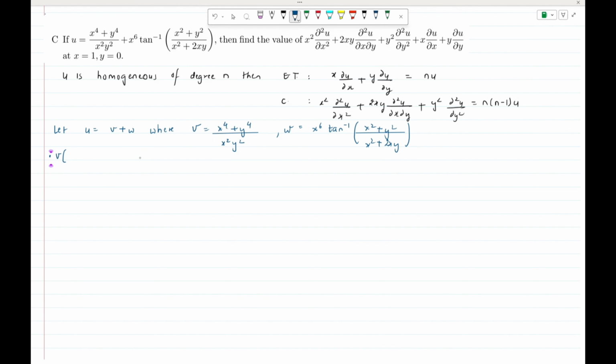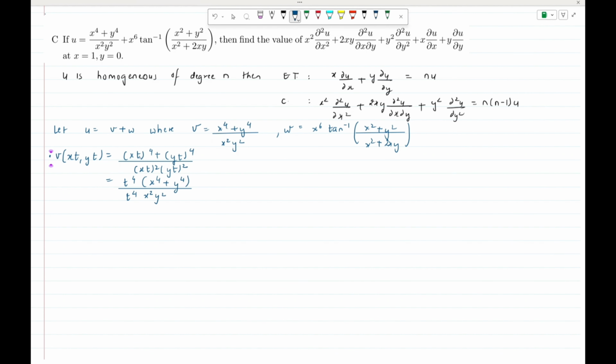So we start with v of xt comma yt. If we plug in xt instead of x and yt instead of y, we get xt raised to 4 plus yt raised to 4, and in the denominator we have xt square yt square. In the numerator we have t raised to 4 common, and the other factor is x raised to 4 plus y raised to 4. In the denominator we have the product t square into t square, which is t raised to 4, along with x square y square.